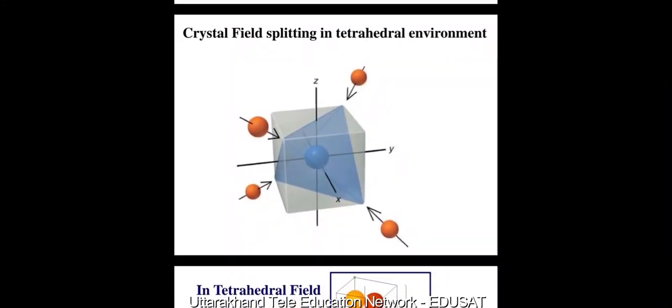Now we will see crystal field splitting in a tetrahedral complex. The tetrahedral arrangement has four ligands around the metal ion. The coordination number for a tetrahedral complex is 4. The tetrahedral arrangement of four ligands surrounding a metal ion may be understood by placing the ligands at alternate corners of a cube, as shown in the figure.